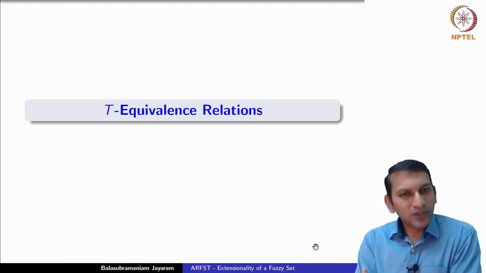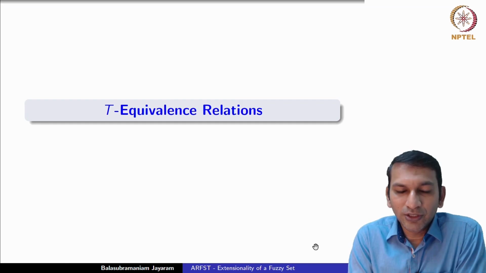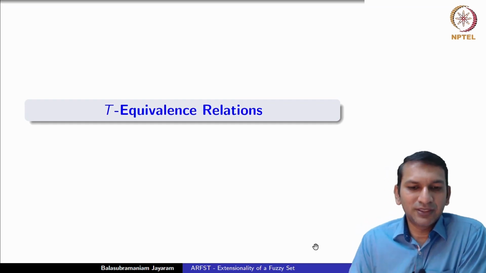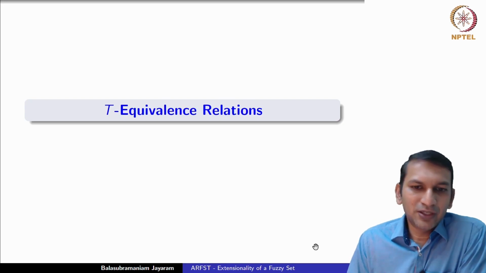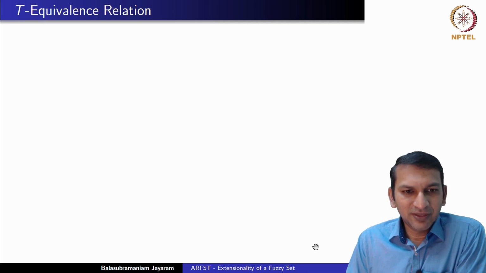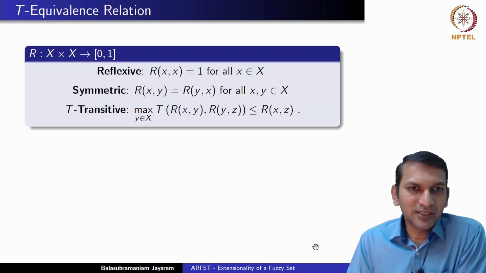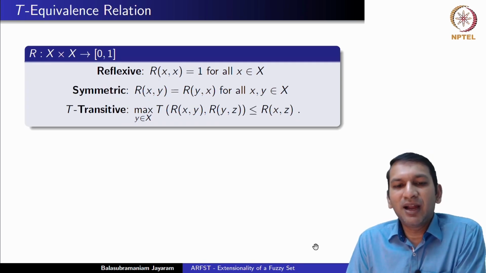Now, towards that end, let's look at the concept of extensionality of a fuzzy set. For that, let's revisit what a T-equivalence relation is. A T-equivalence relation is a binary relation on X, a fuzzy binary relation on X, which is reflexive, symmetric, and T-transitive.